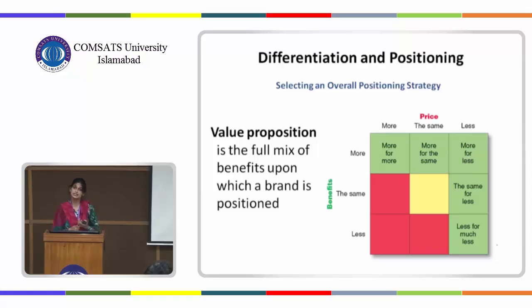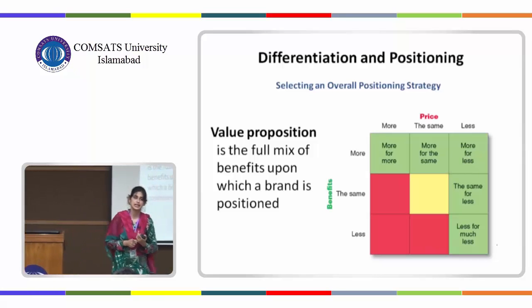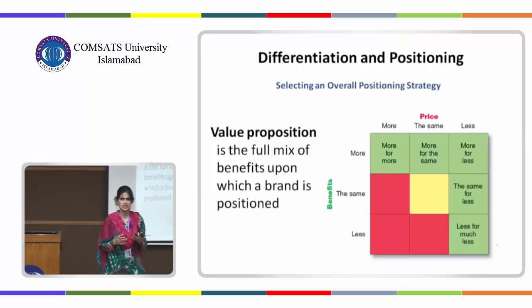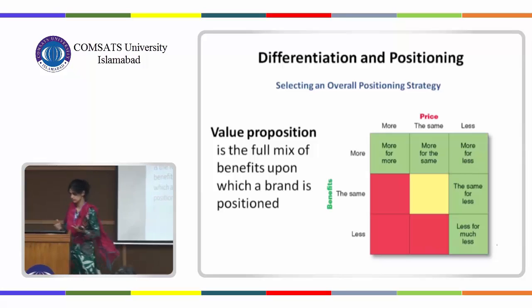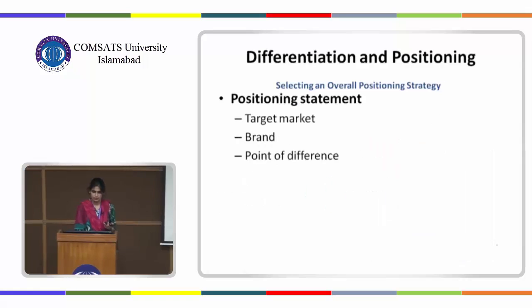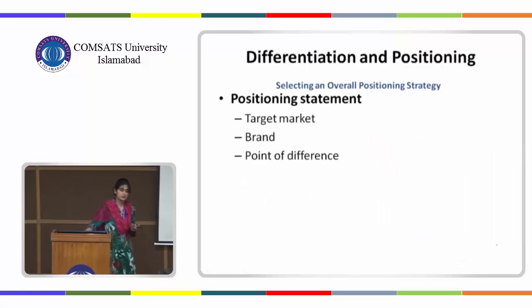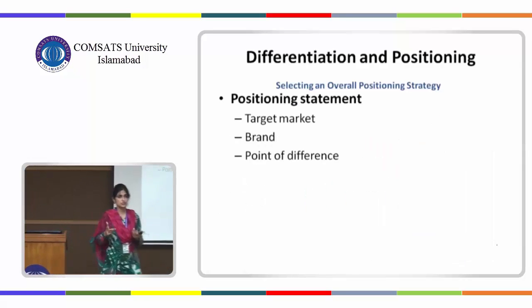And less for much less? Less quality, less price. So China does it, right? So they don't charge you a lot of price for certain quality of their product, and the quality of the product isn't that good either. So less for less.